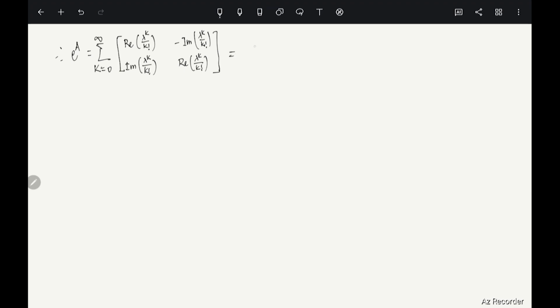Now you see what happens is this thing is nothing but, you can write it as real part of e power lambda minus imaginary part of e power lambda, and then you have imaginary part of e power lambda and real part of e power lambda. Clear? Since this is the sum, you can just put everything together and write it like this. Now if you break it up, this becomes e power a.